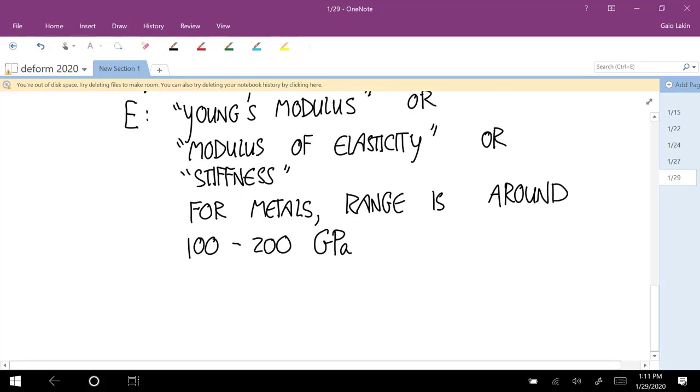And the other parameter is called Poisson's ratio. It's like poison with two S's. Yes, it's a Greek letter nu, like a script v.